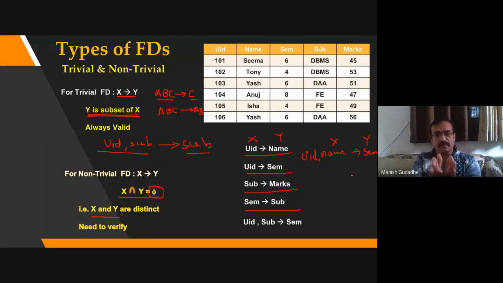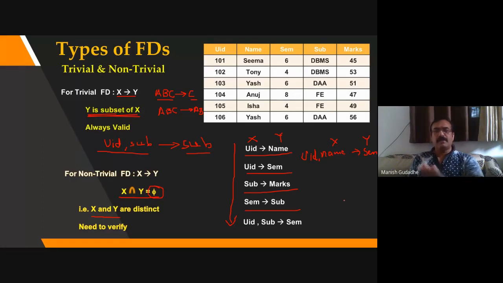So this is the concept of trivial and non-trivial FD. Whether the FD is trivial or not is what our normalization will be based on. That's why we are trying to understand this. As we have listed, I have listed these many FDs over here. There is a possibility that many other FDs may be inferred, may be determined from these FDs.